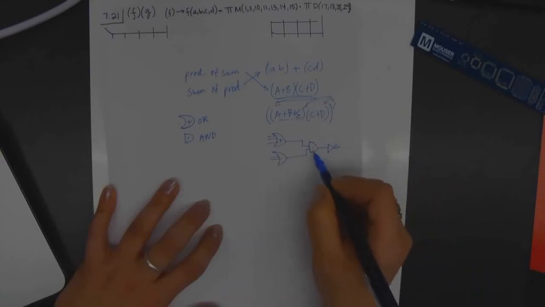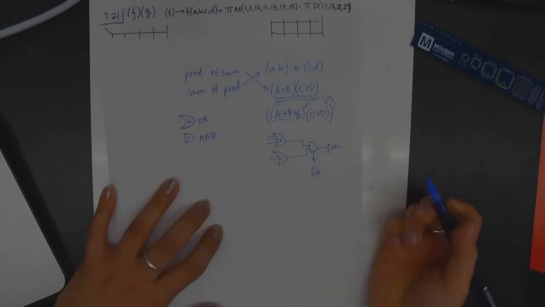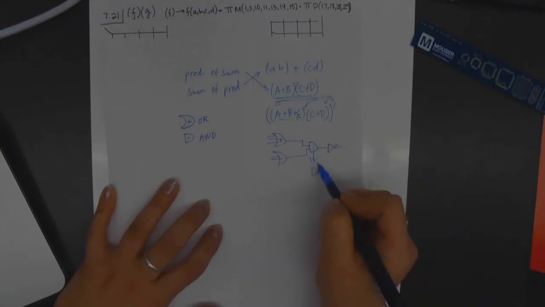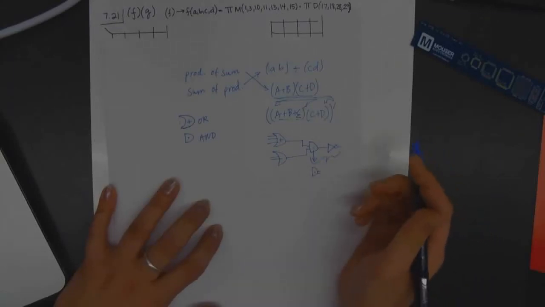Or you can make this guy right here a NOR gate and get rid of both of these levels. Yeah. Does that make sense?